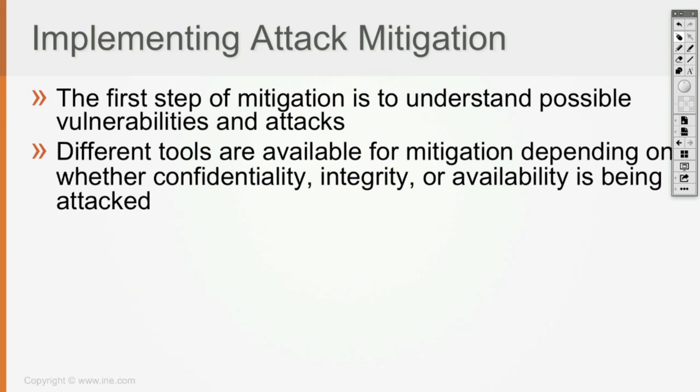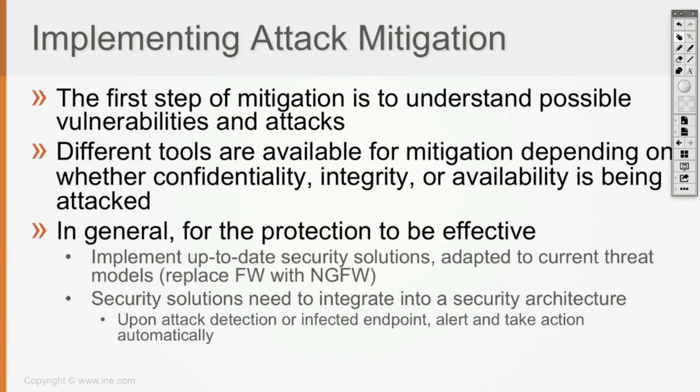Different tools are available for mitigation depending on whether confidentiality, integrity, or availability is being attacked. But in general, for the protection to be effective, you have to implement up-to-date security solutions adapted to current threat models.